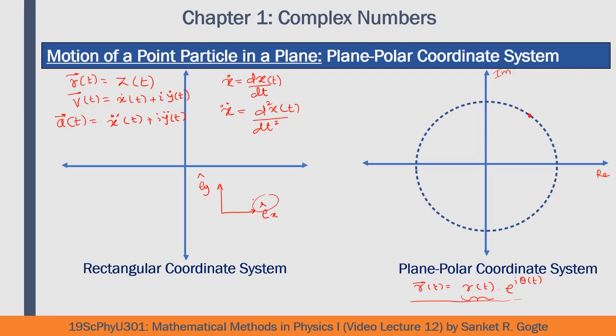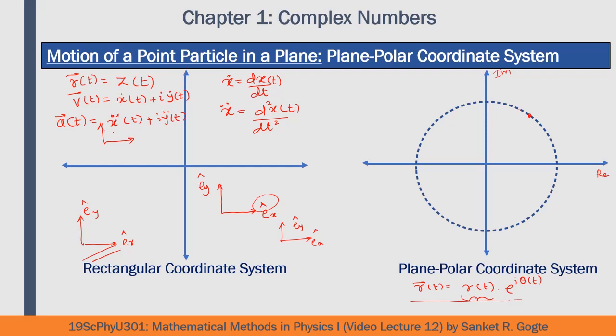For the rectangular coordinate system, no matter which point we consider in the plane, these unit vectors are always in the same direction, which is not the case when it comes to the plane polar coordinate system.